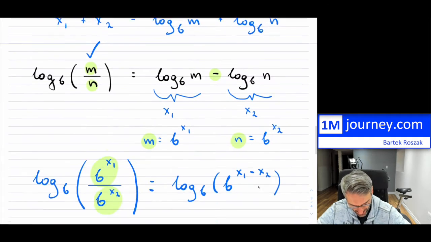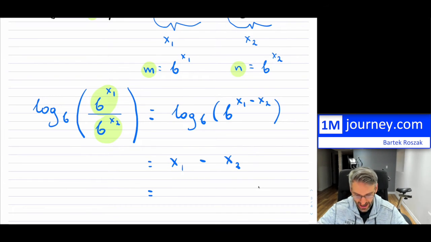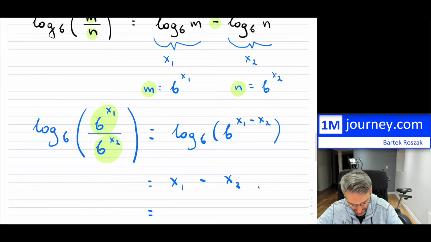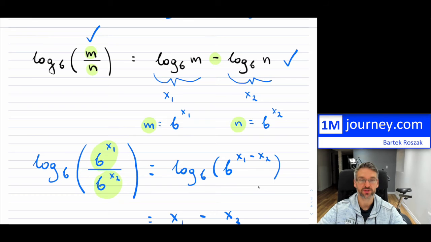So what I have there will simply equal x1 minus x2, which, as we know, we defined as log base b of m minus log base b of n. And there you have it. That's exactly what it's supposed to equal. So the left-hand side equals the right-hand side. So that's the trick that you can use.